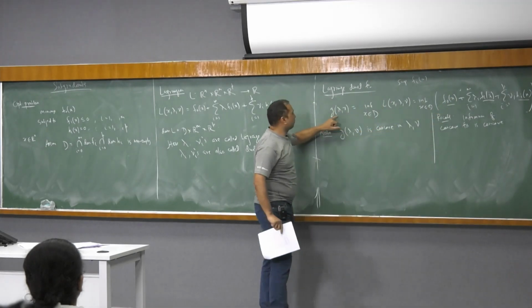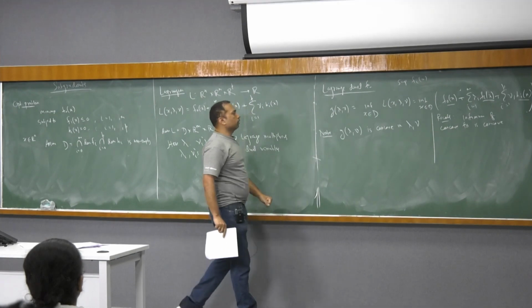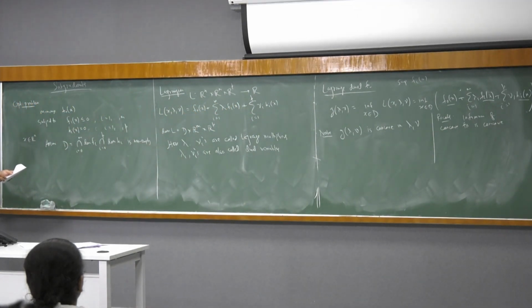That proves that g(lambda, nu) is concave, because it's the infimum of concave functions in lambda and nu. This is a good result, and we will see why. Sometimes solving a problem in a dual form helps. I have not said how I will solve this in a different form, but I will come to that.